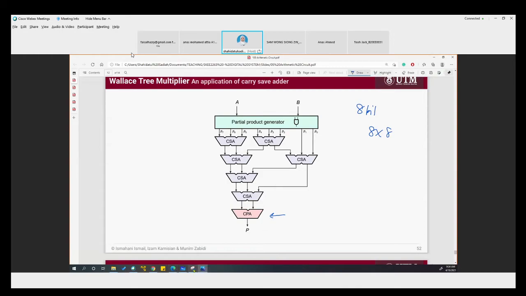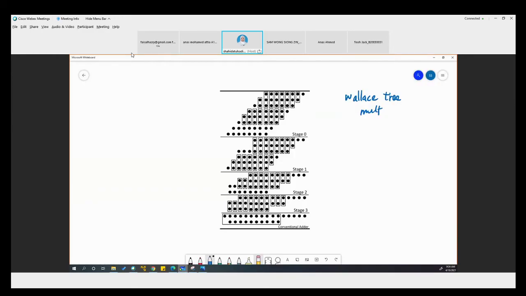What are P0 until P7? It is actually this one, the partial product. Probably this is P0, this row is P1, and so on. Oh, sorry, this is stage 0, so this must be P0, and then this must be P6 and P7.